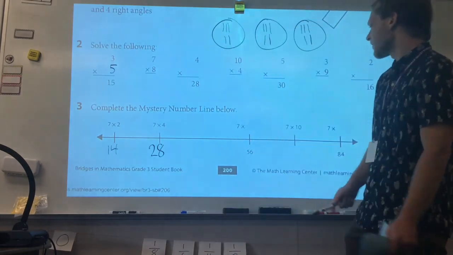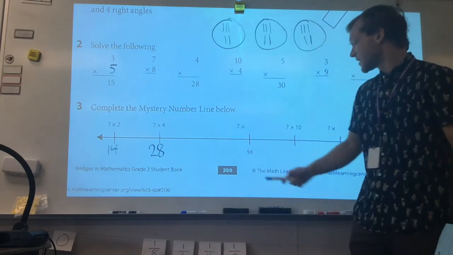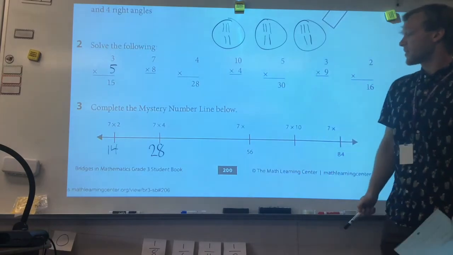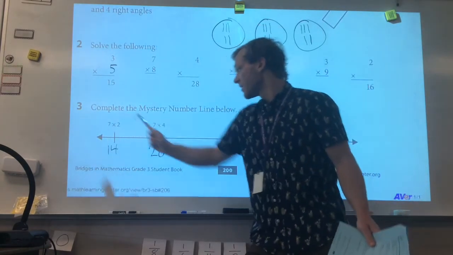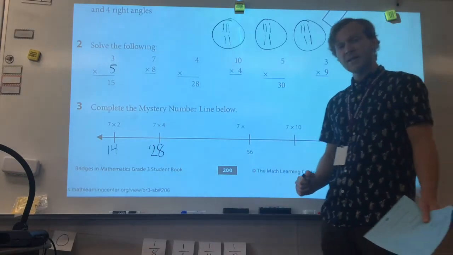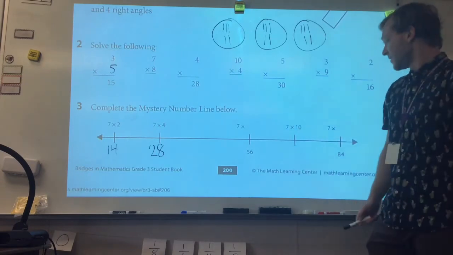Now, you'll need to figure out the rest of these blanks. So 7 groups of what is equal to 56. You could use the loops and groups strategy we used above, or you can think about this double, double, perhaps another double might take you to the right place for that blank. 7 groups of 10.